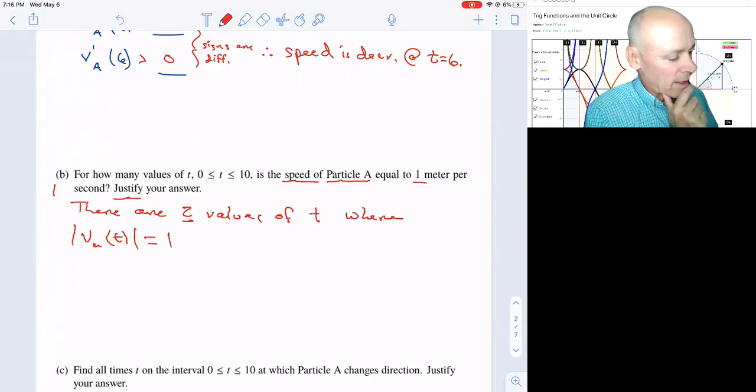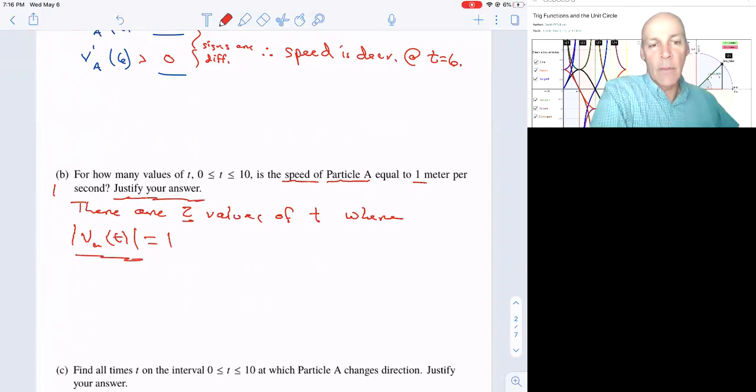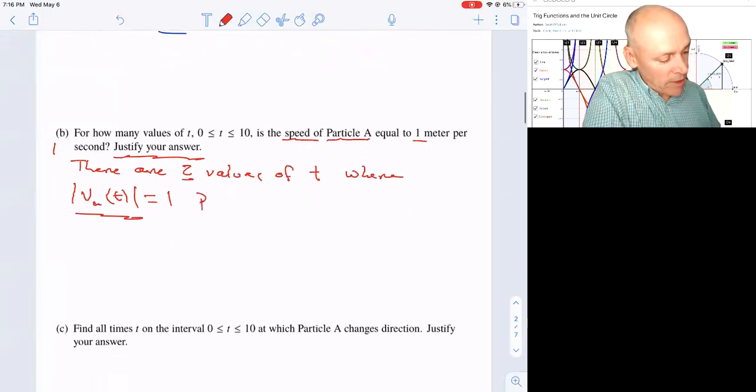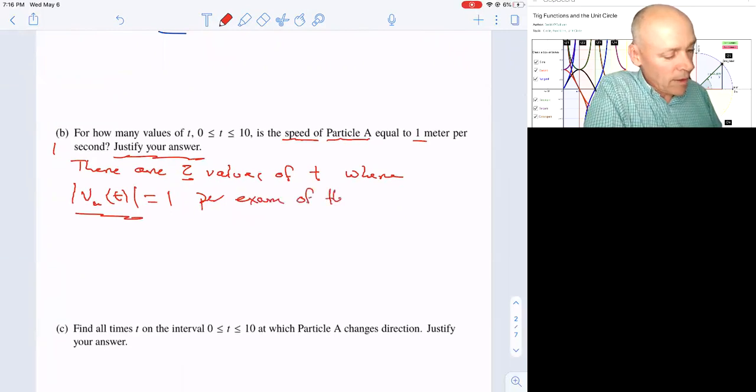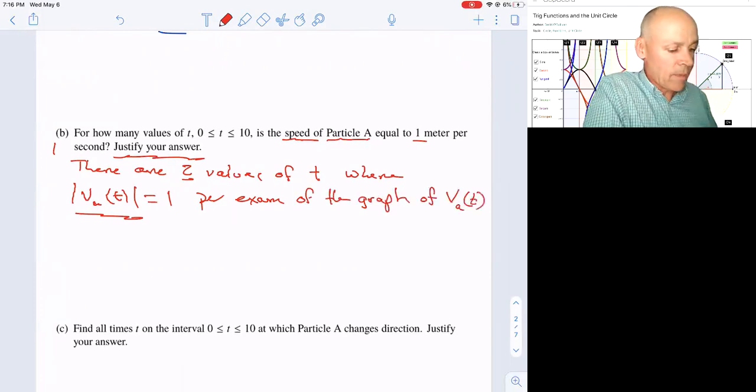And that's my justification. I'm basically just showing that speed is the absolute value of velocity, by examination of the graph. What graph? The graph of v_A at t.